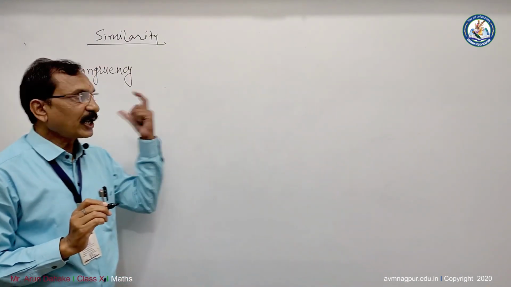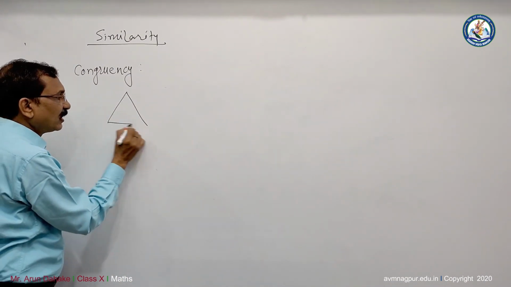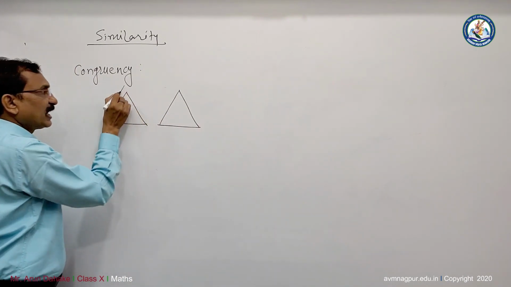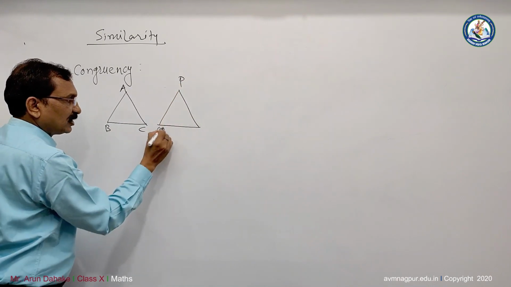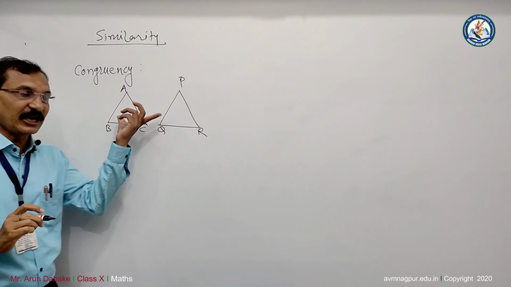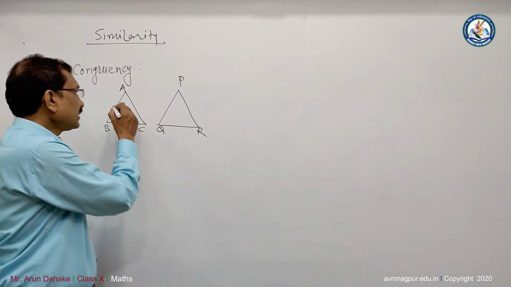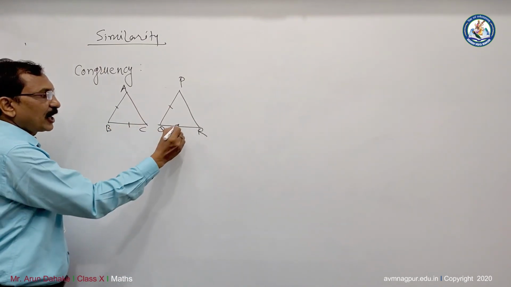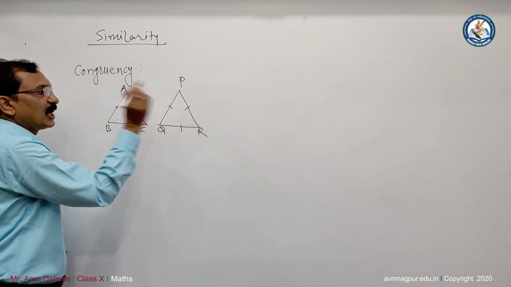geometry. Congruency: if two triangles are given here, like this, triangles ABC and PQR, these two triangles have the same shape and same size. Like this, AB is congruent to PQ, BC is congruent to QR, and AC is congruent to PR.